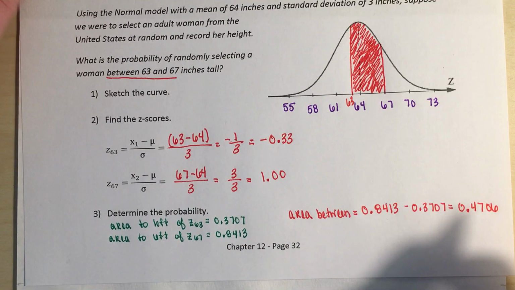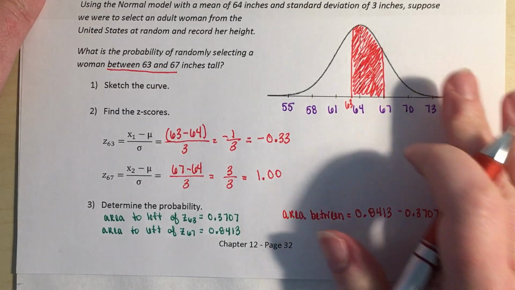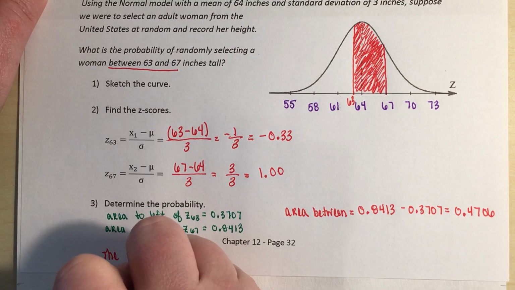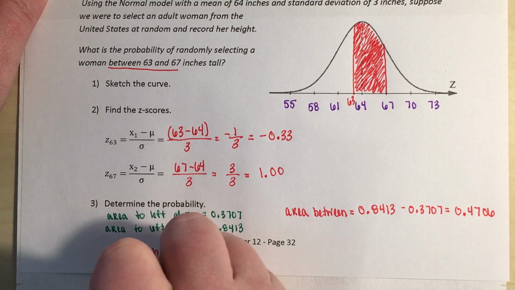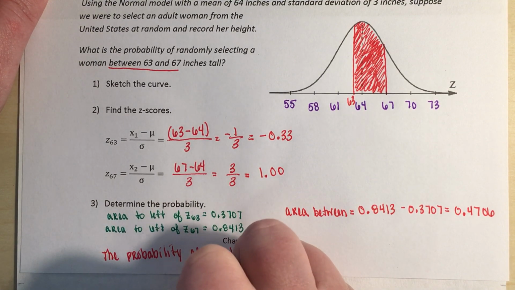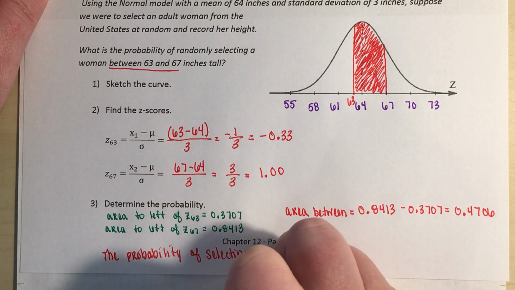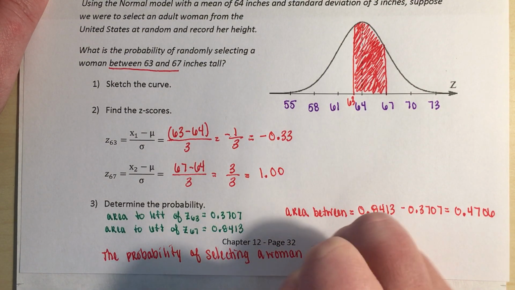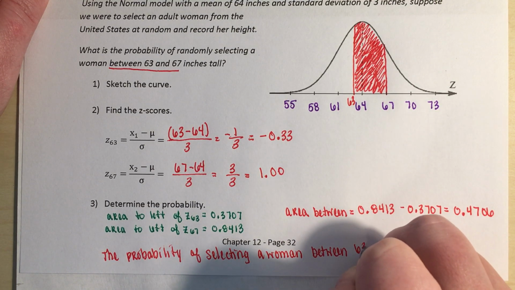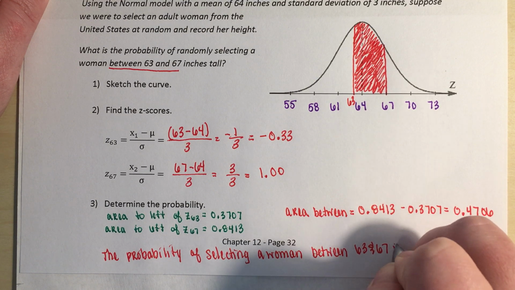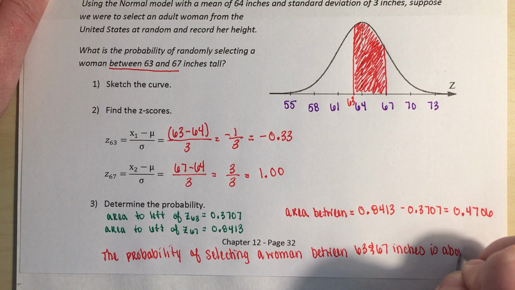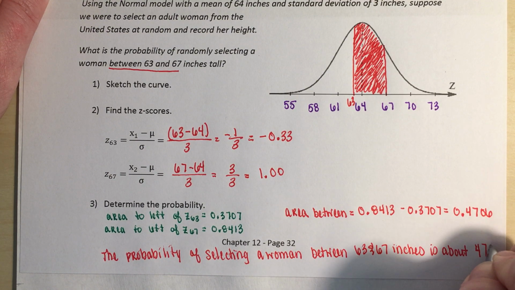So to answer our question, we'll squeeze our probability in here down at the bottom. The probability of selecting a woman between 63 and 67 inches is about 47%.